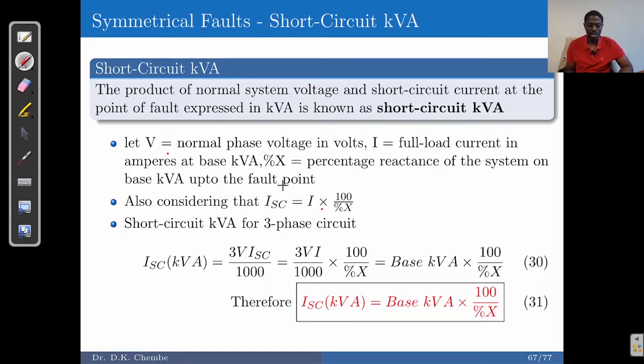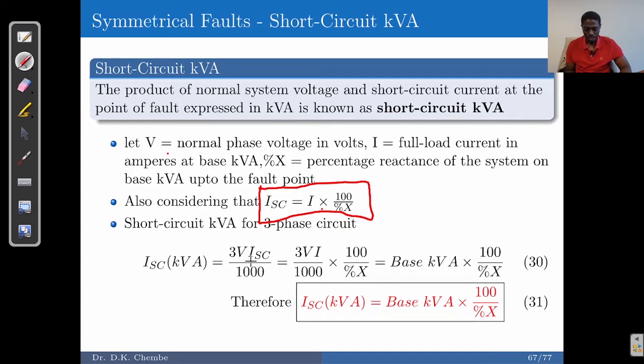And to obtain this, we take the normal phase voltage as V in volts and the full load current as I, amperes at base KVA, the percentage reactance of the system KVA up to the fault point, and then we know that to find the short circuit current using the percentage reactance, we use this formula.